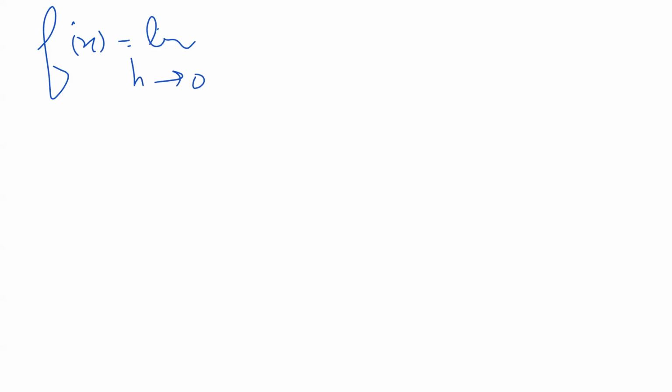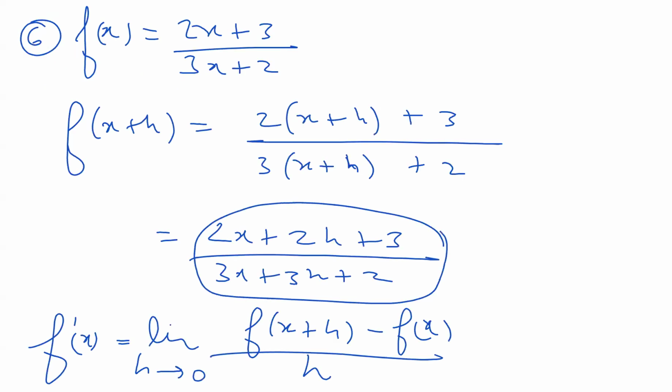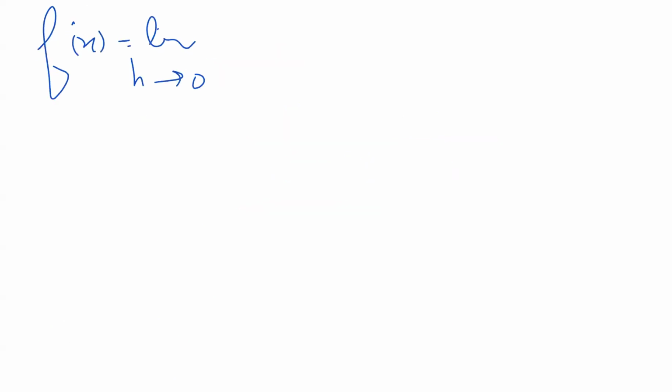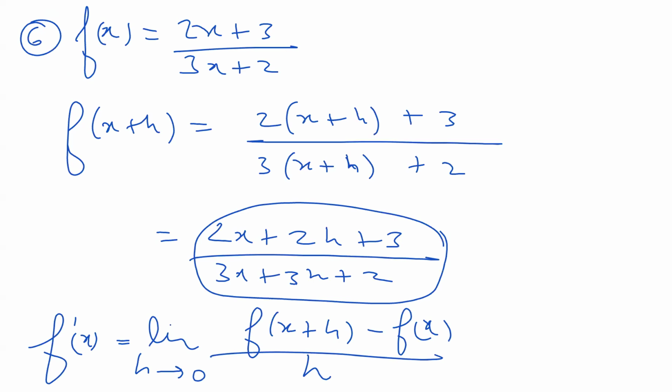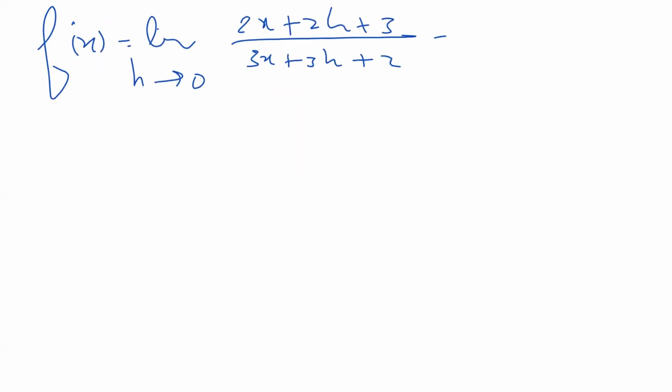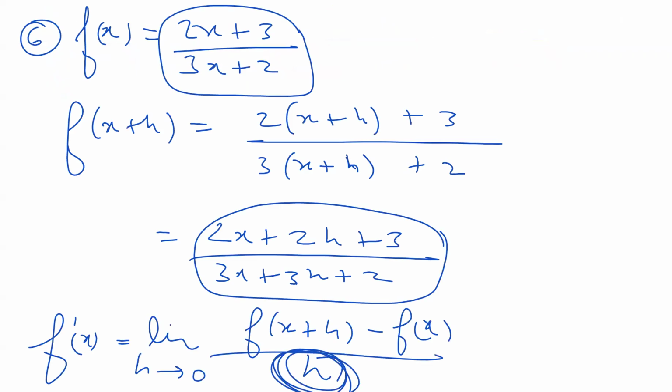Now f of x plus h, this entire term, 2x plus 2h plus 3, 3x plus 3h plus 2 minus f of x. f of x is 2x plus 3 upon 3x plus 2, divided by h. There are too many fractions, so I'm doing this. So this h, I'm writing it as divided by h.